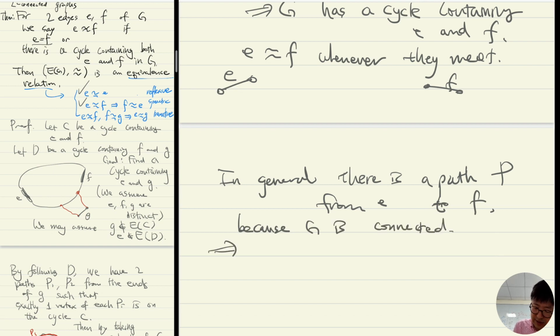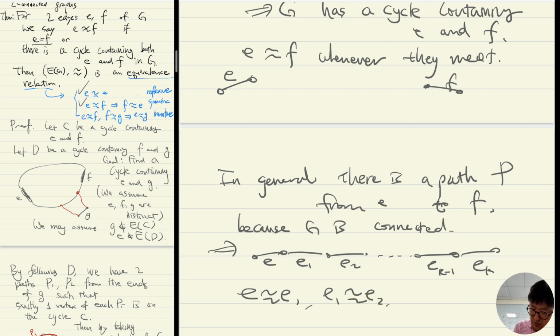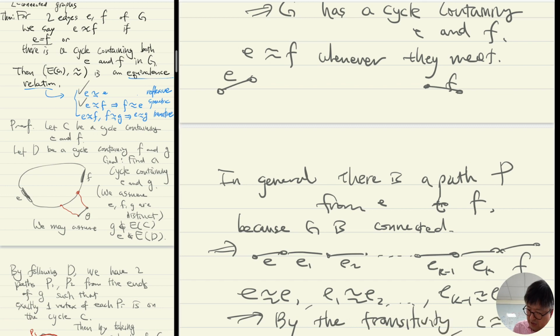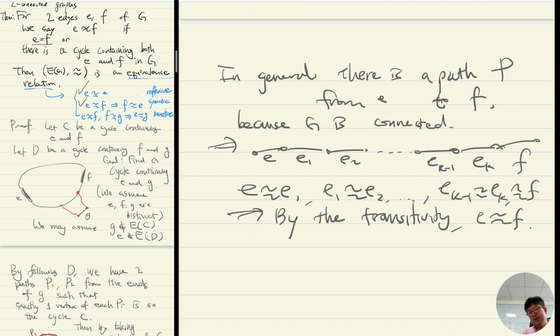So that means you have a sequence E, E1, E2, up to E_{k-1}, and then F. E is equivalent to E1, E1 is equivalent to E2, up to E_{k-1} is equivalent to F. So by transitivity, E is equivalent to F. Okay, so that's the proof.